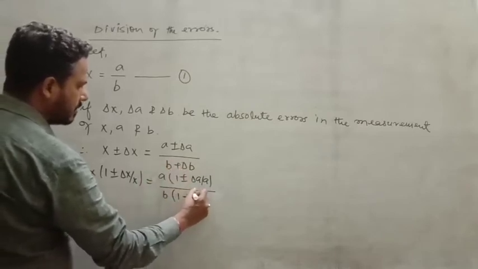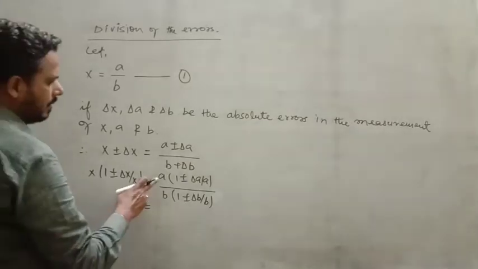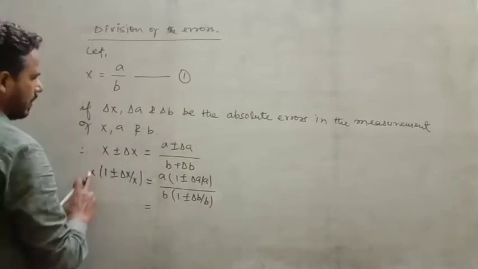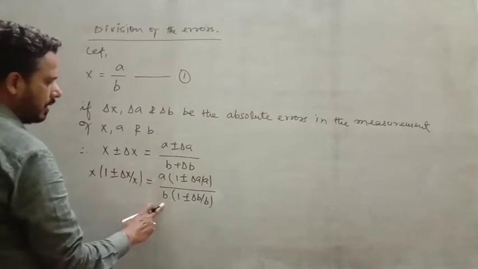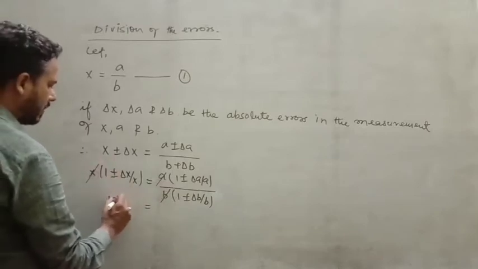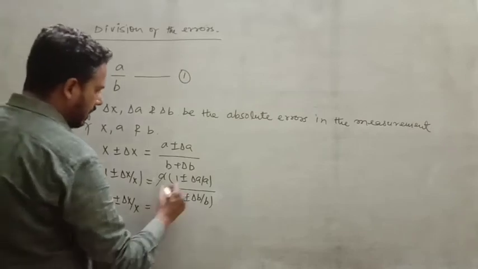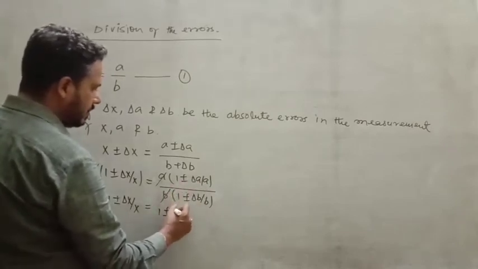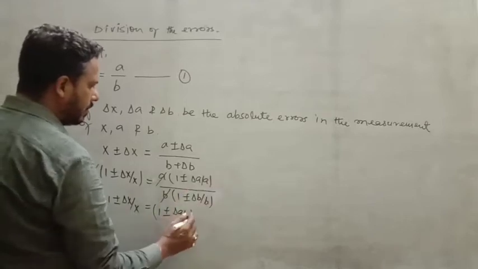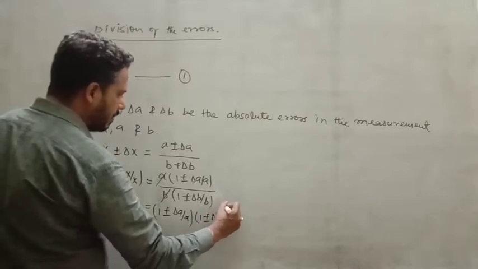So you will get 1 plus minus delta x by x equal to 1 plus minus delta a by a, and take this factor from denominator to numerator, so this is 1 plus minus delta b by b to the power minus 1.